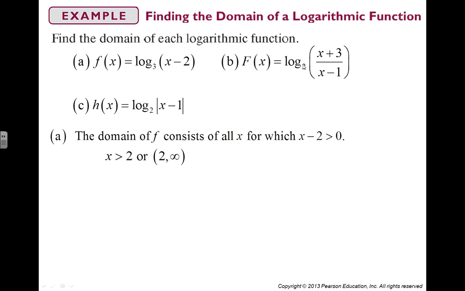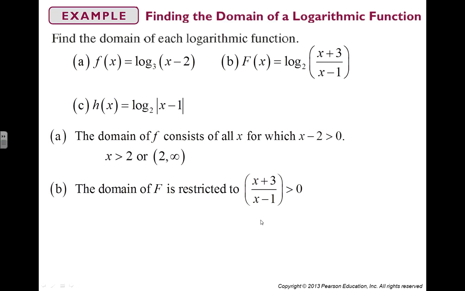Let's look at B. So I have the log base 2 of (x plus 3) over (x minus 1), and (x plus 3) over (x minus 1) has to be greater than 0. So when we solve that out, x plus 3 has to be greater than 0, and x cannot equal 1.